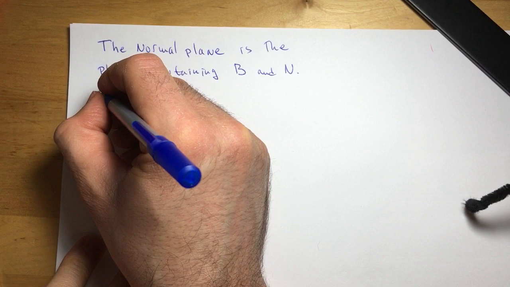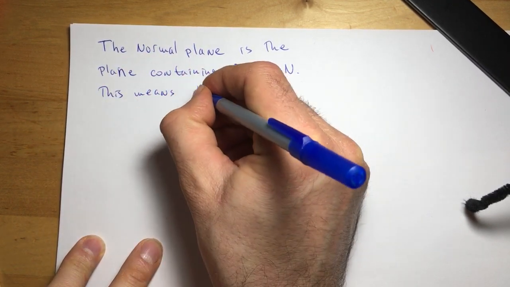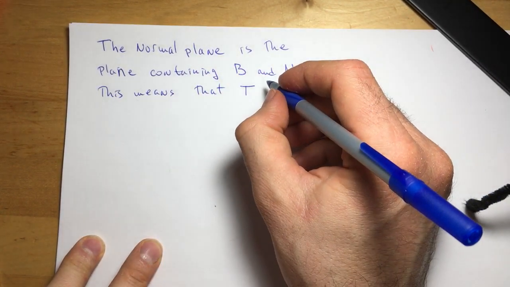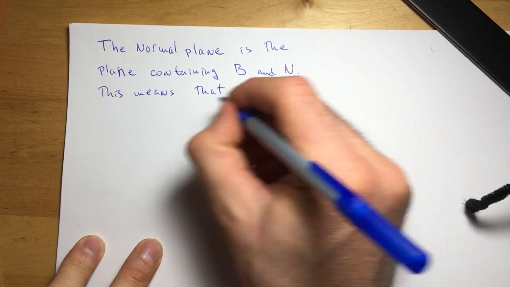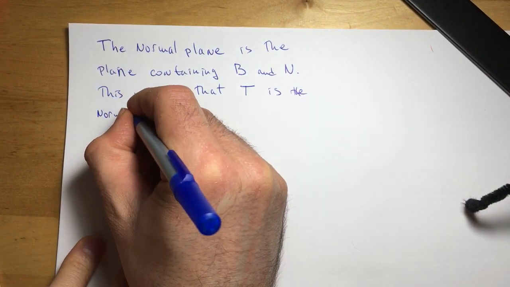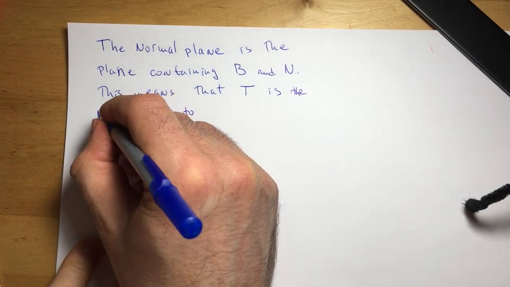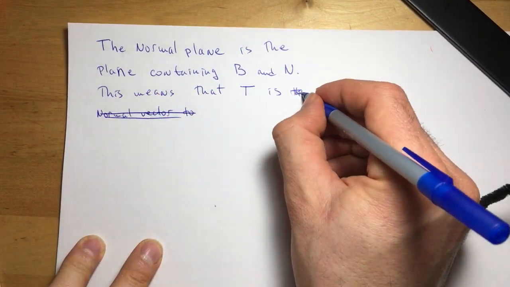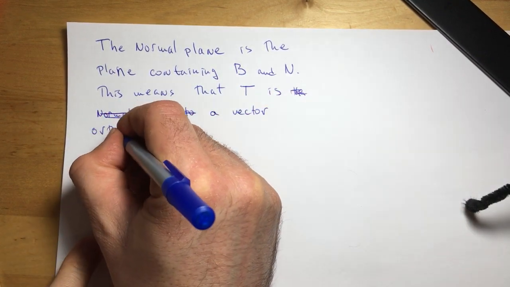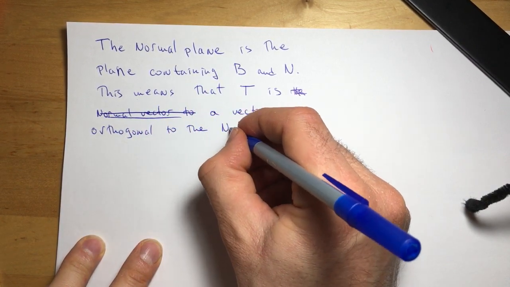This means that the unit tangent vector is the normal vector, or is a vector orthogonal to the normal plane.